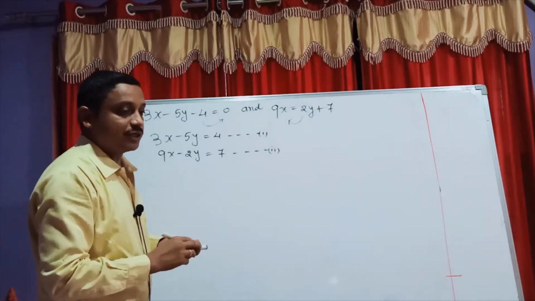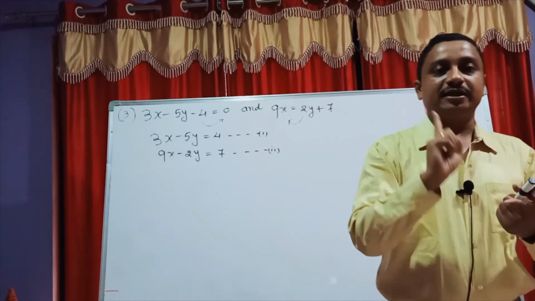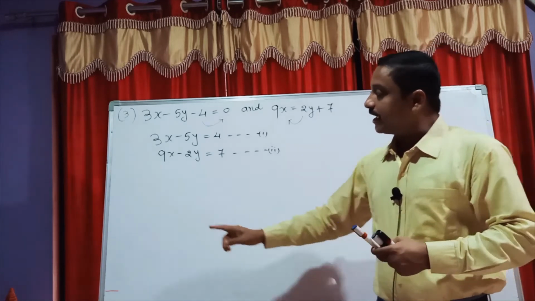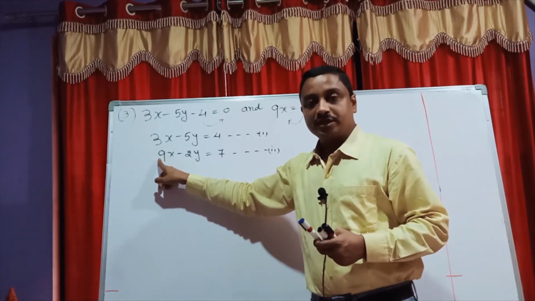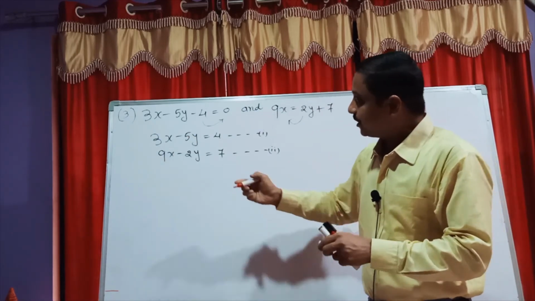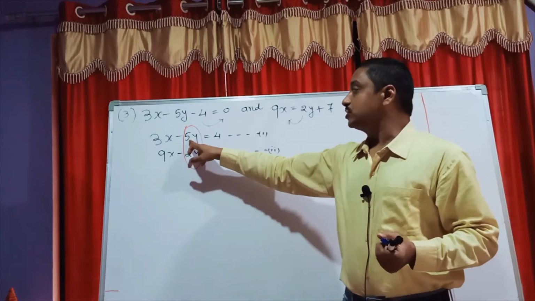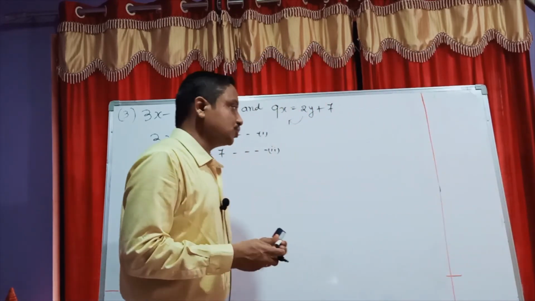Now again I tell you students, anyway you can eliminate either the x data or the y data. Here, if you decide x goes, then multiply by 3, since 3 threes are 9. But this time, students, I take the y element. So necessarily here multiply 2 and here multiply 5, then they get 10.